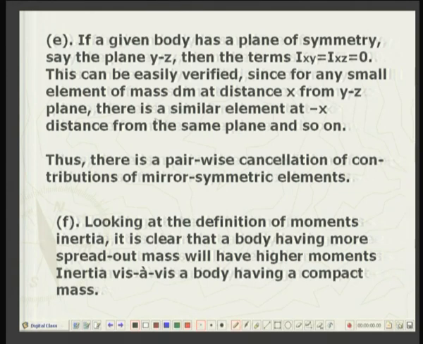Okay. So, this can be easily verified, since for any small element at a distance x from y, there is a similar element at a distance minus x from the same plane. Looking at the definition of the moments, now again, since Ixx, Iyy, that is mass moment of inertia terms, they have x square, y square, z square terms.